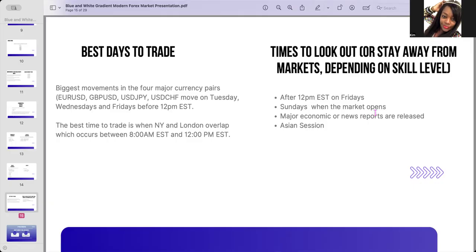Again, Sundays when the market opens, that's consolidation. Major economic news or reports are released. Because I don't trade news, I typically don't look at the news reports. I don't get any notification of anything. There are people in a group that will post some news if anything big is happening.